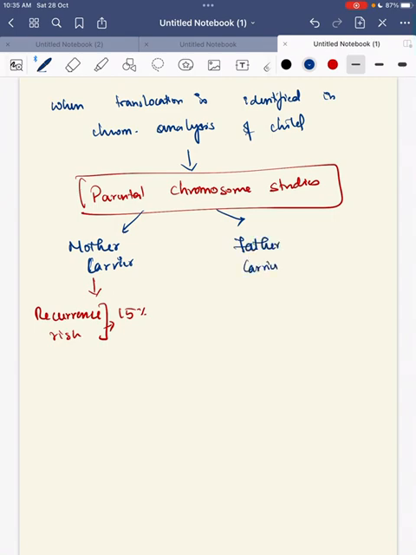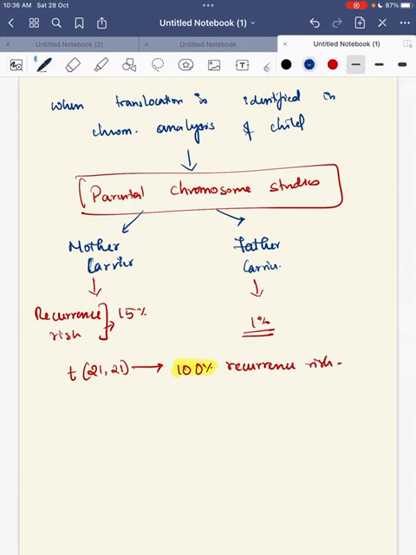Or when you find the father to be a carrier of this translocation, there will be a 1% chance of recurrence risk. If the translocation is between chromosome number 21 and 21, the recurrence risk is 100%. There will be a 100% chance of a chromosomally abnormal child.